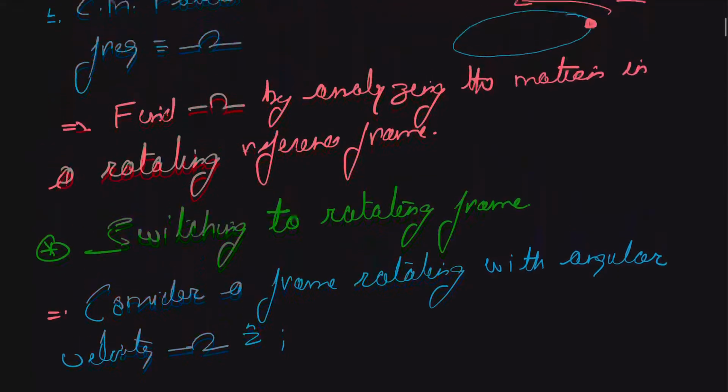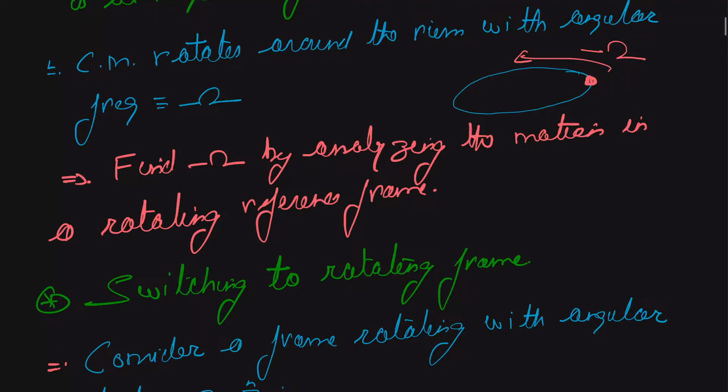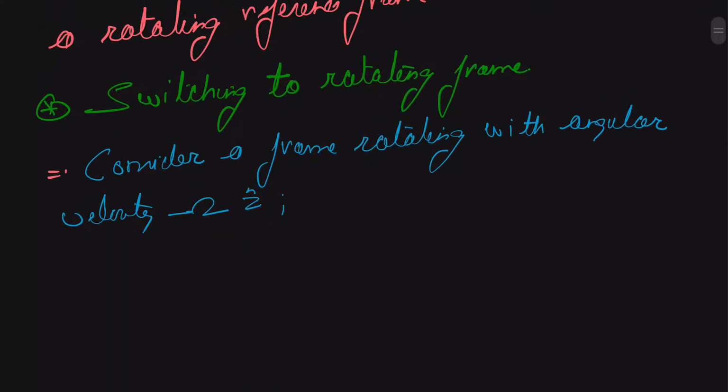Because in the first case we have said that the center of mass is moving in our omega, and now we assume that this frame itself is rotating. Therefore the contact point or the center of ball, we can assume that it will be stationary, or we can say it will be at rest.